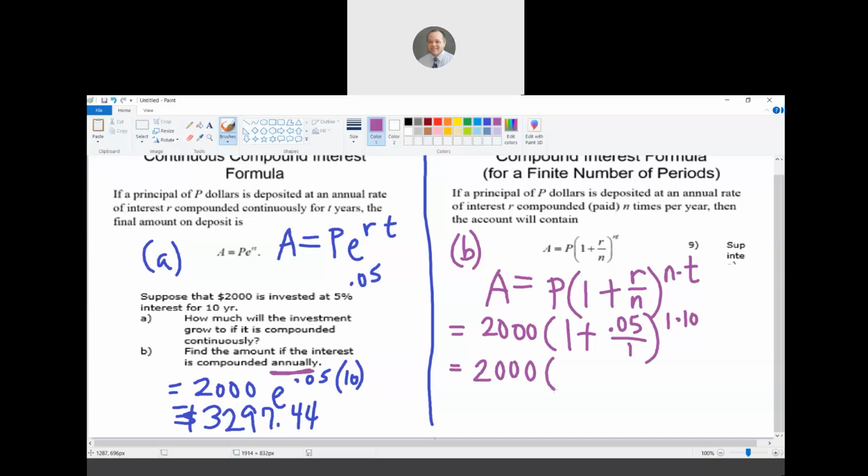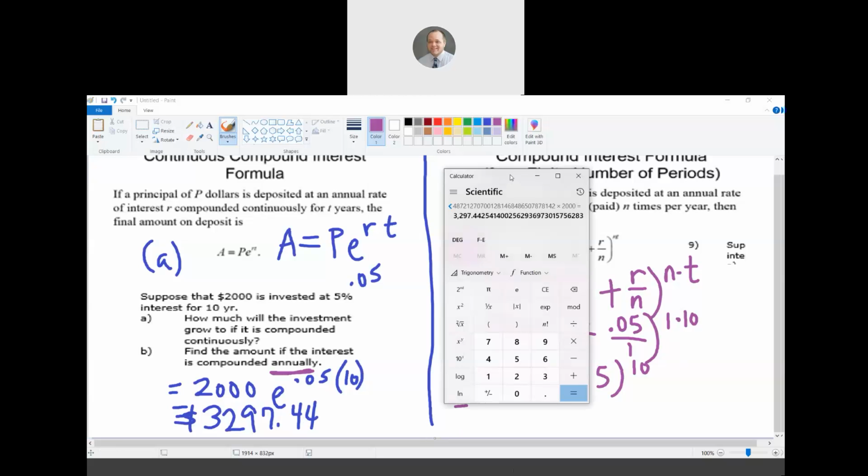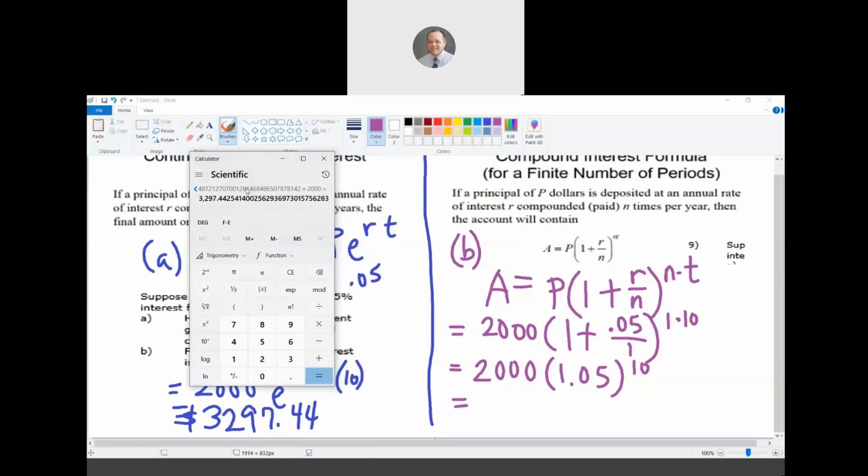Now, what I like to do before putting everything into the calculator is simplifying the parentheses as much as possible. 0.05 over 1 is 0.05, plus 1 will give you 1.05 to the 10th power. And let's put that in our calculator. 1.05 to the 10th power first, and then times 2000.